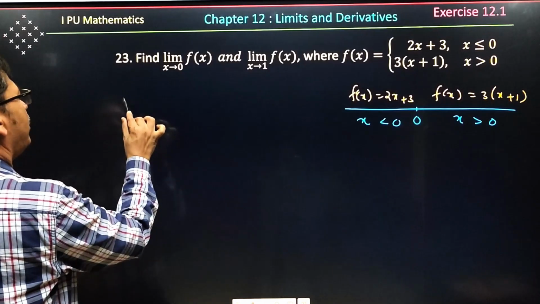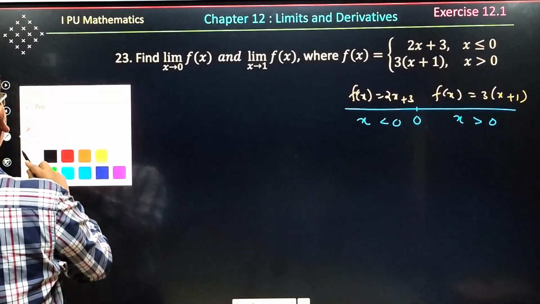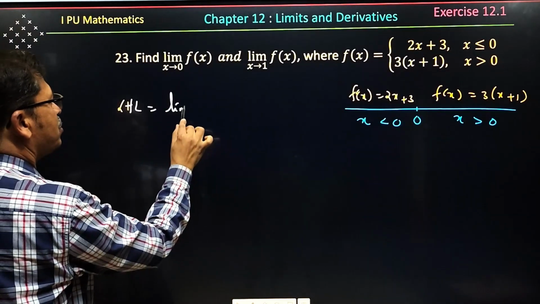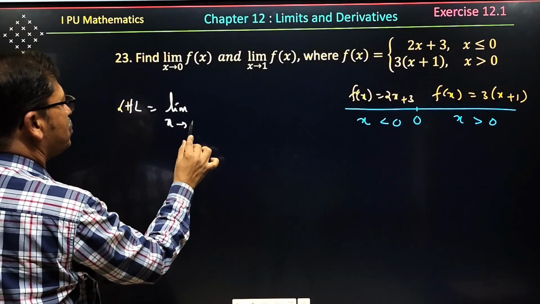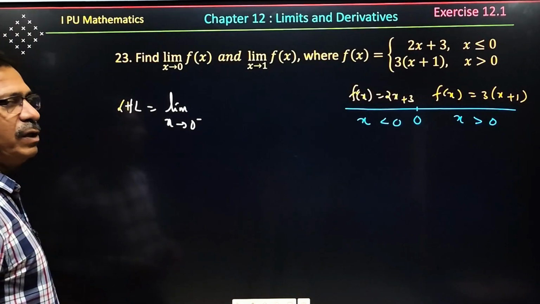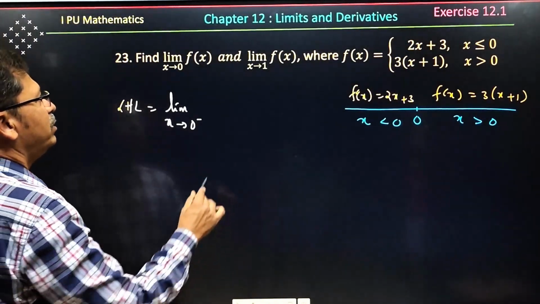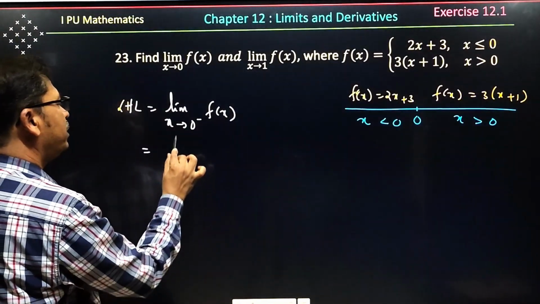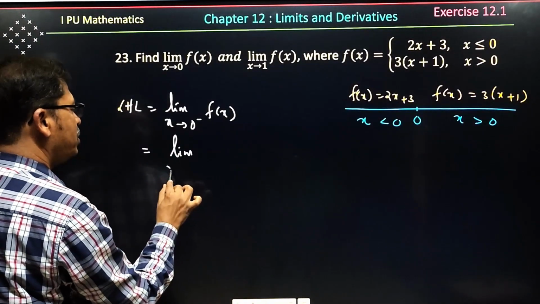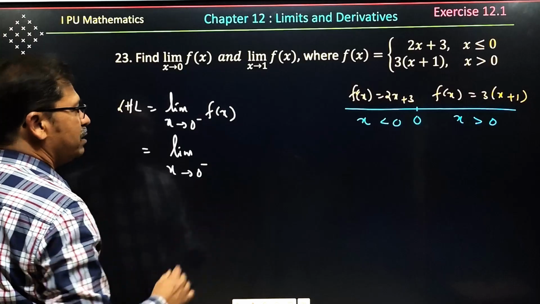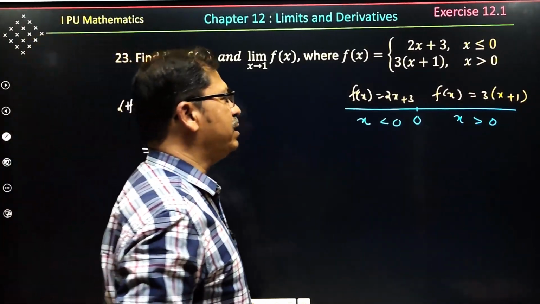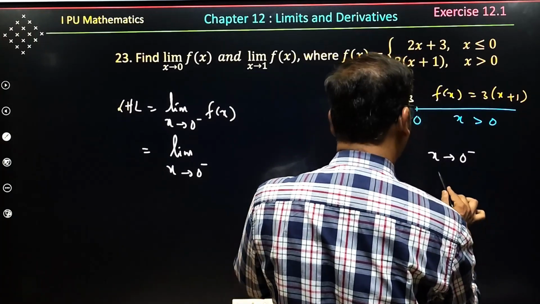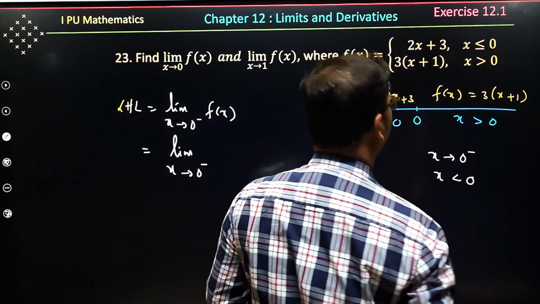Left hand limit, LHL, is equal to the limit as x tends to 0 minus, that is less than 0, of f(x). X tending to 0 minus means x is less than 0.